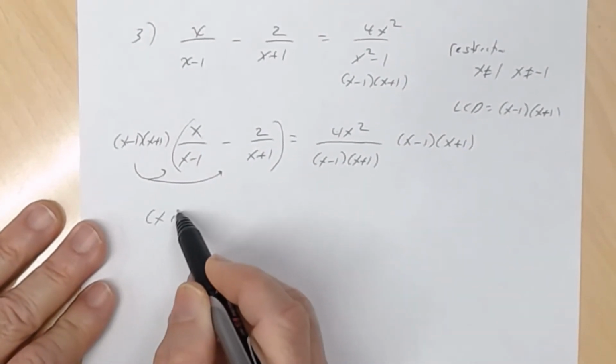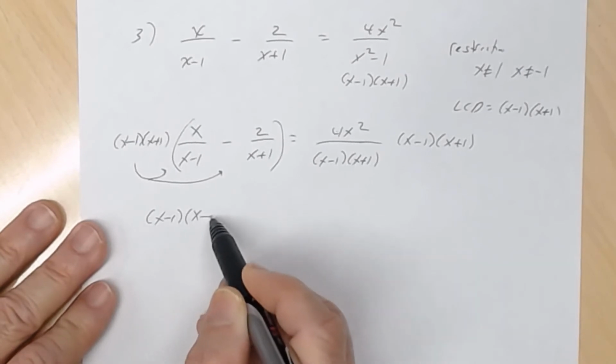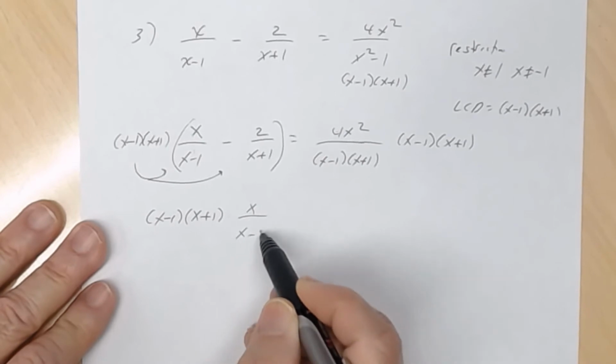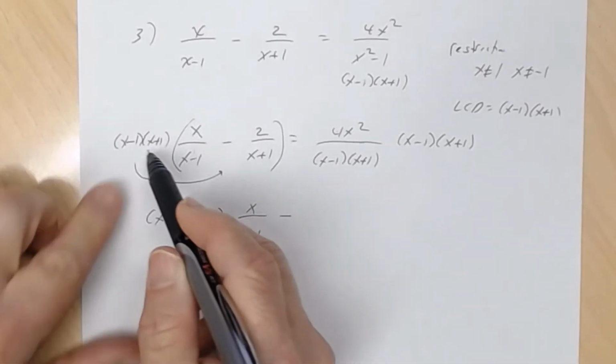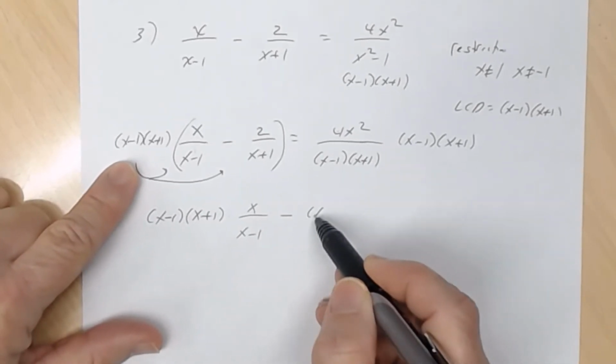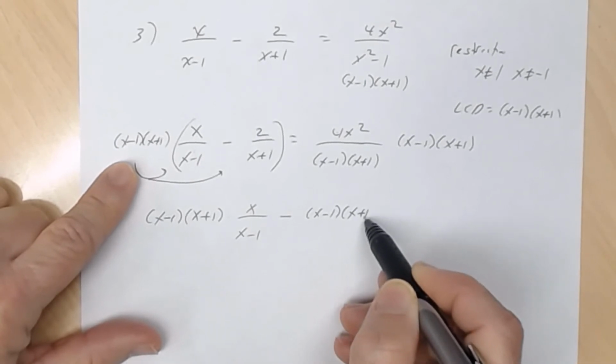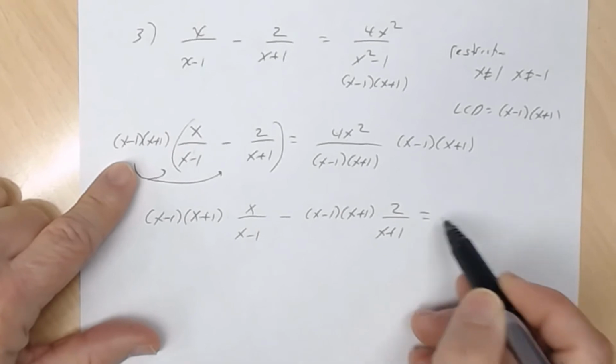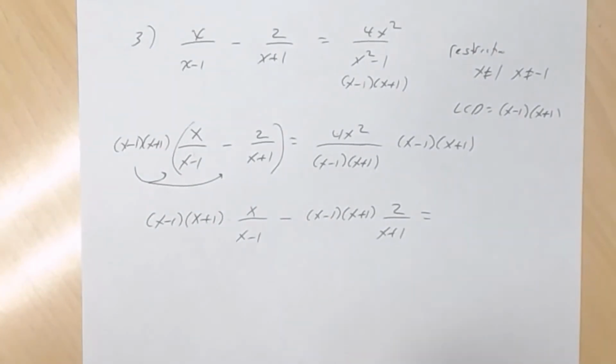So x minus 1 times x plus 1 times the first fraction, first rational expression, minus, and then the LCD times the second. X minus 1, x plus 1 times 2 divided by x plus 1 equal, and at this point I'm going to go ahead and reduce these.